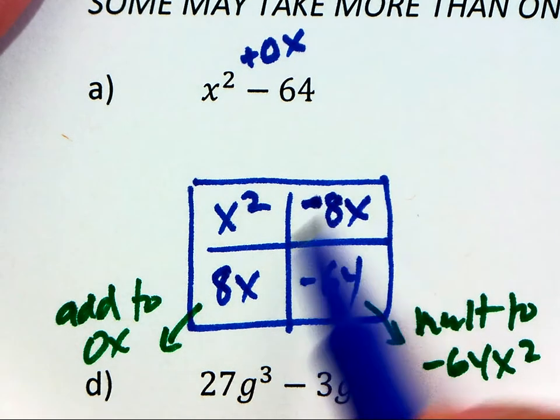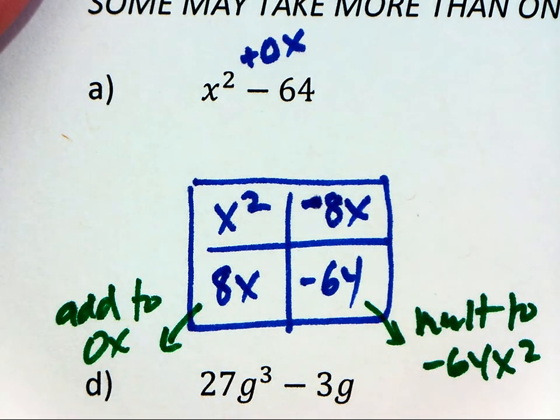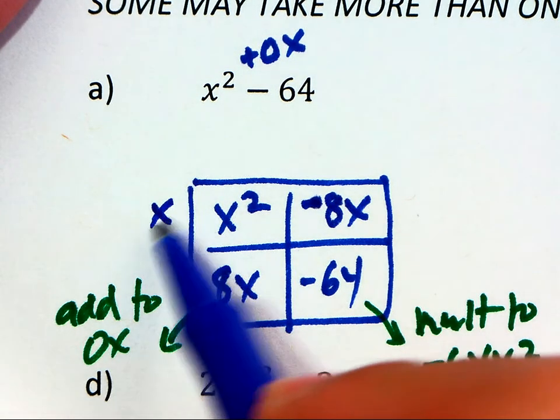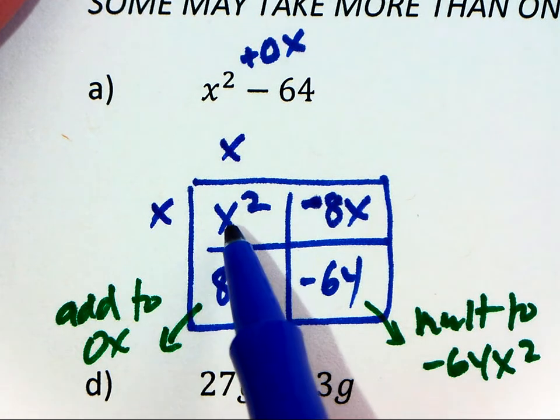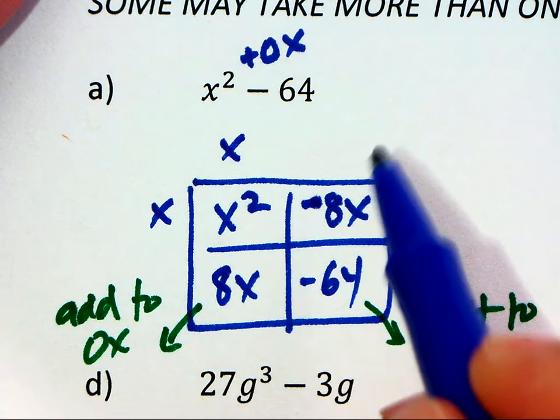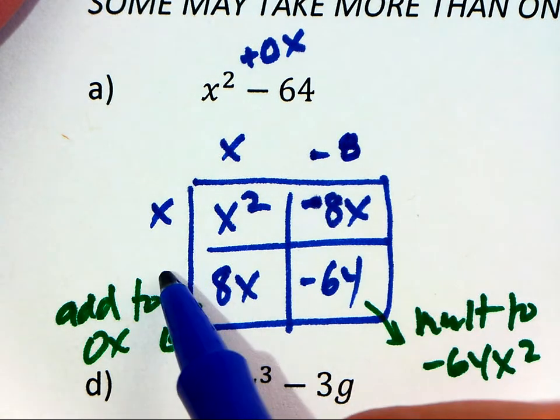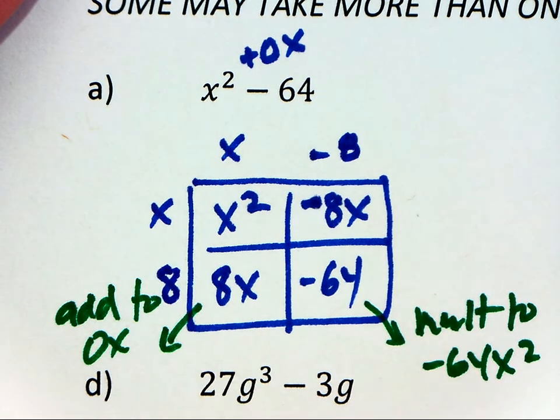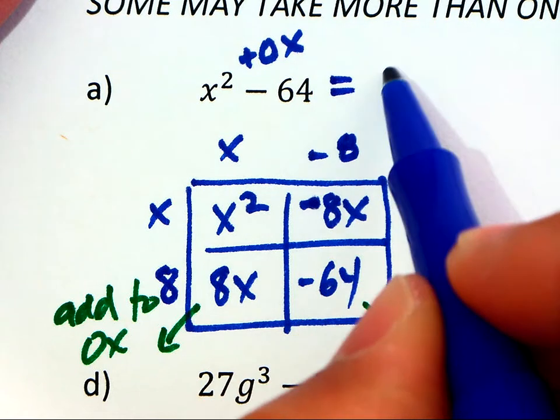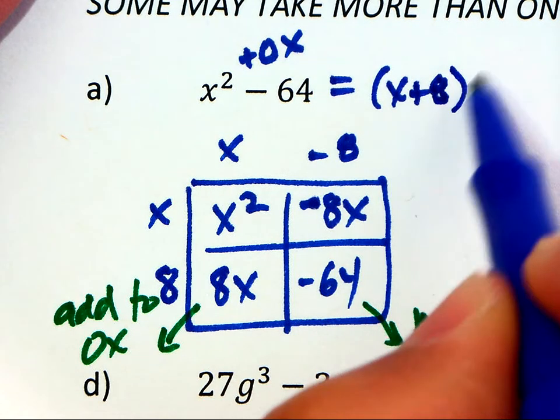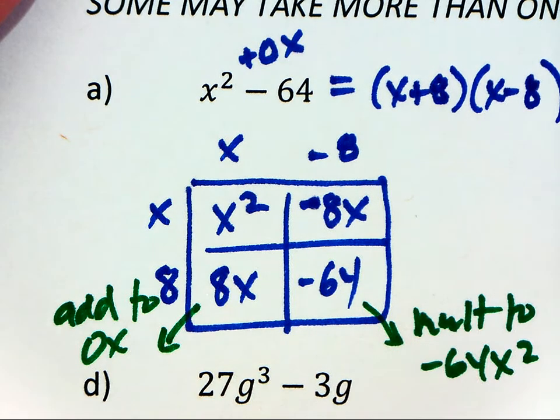They have to be opposites, that's the only way to add up to 0. So we'll have factors of x outside the x squared box, and a factor of negative 8 there and positive 8 there. So x plus 8 and x minus 8 are the factors.